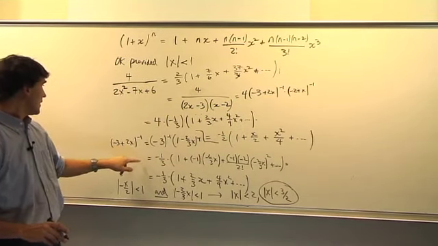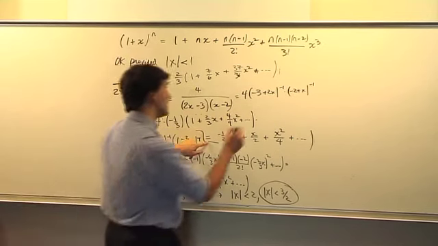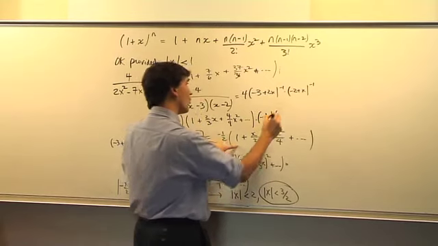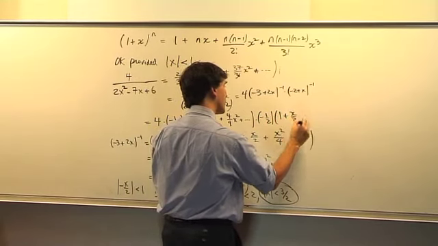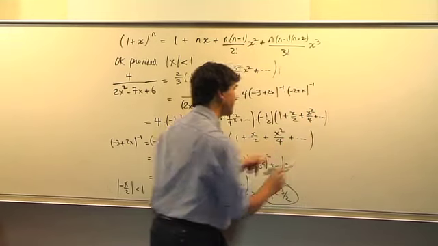And we now need the other one, which by chance is written down here, so that is minus 1/2 times 1 plus x over 2 plus x squared over 4 plus dot dot dot.